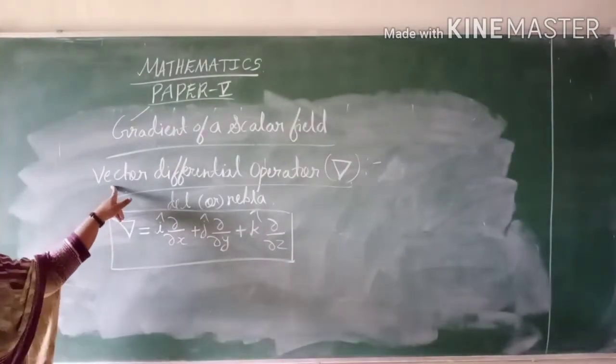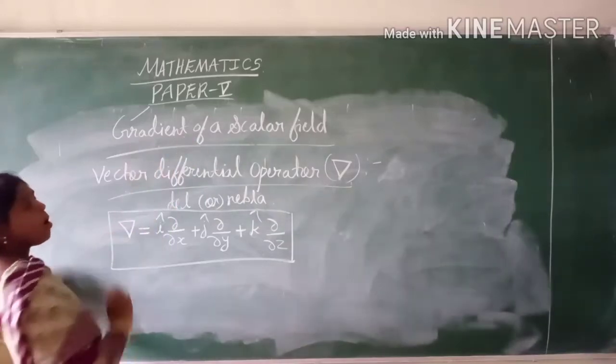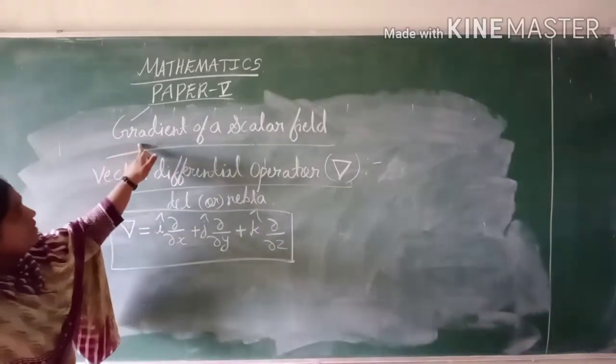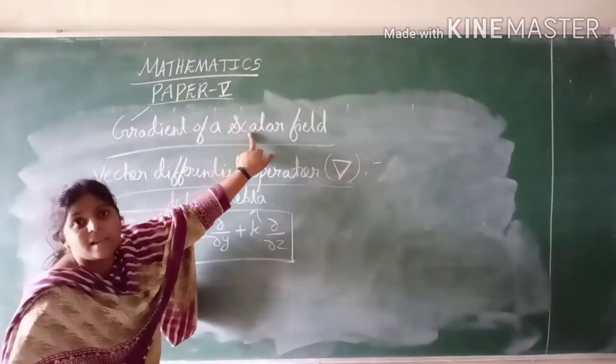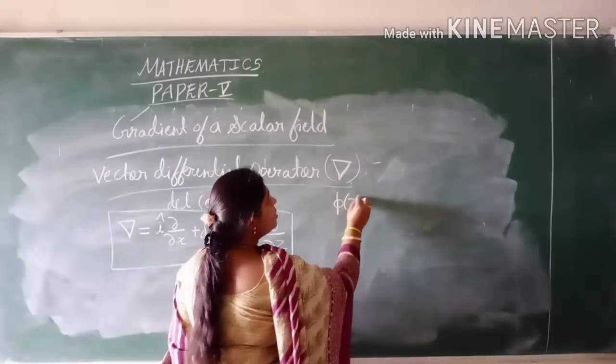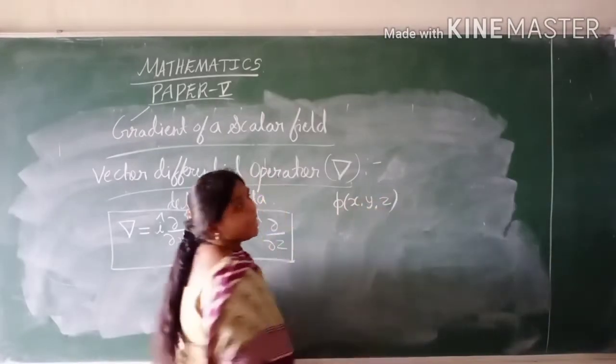Now we are going to define the gradient of a scalar field. Before defining the gradient, we need some scalar point function, which we always denote by phi of x comma y.